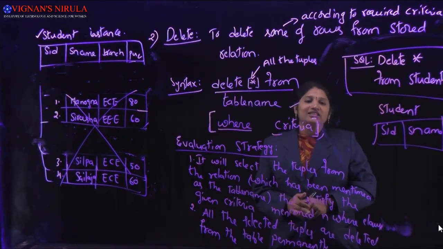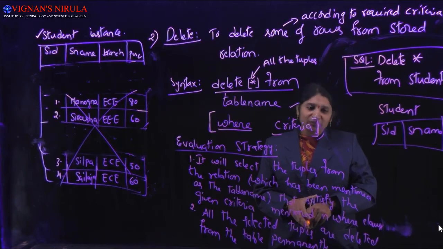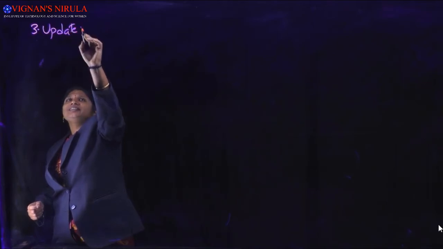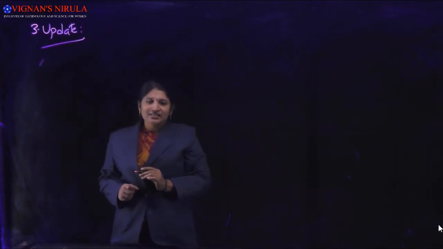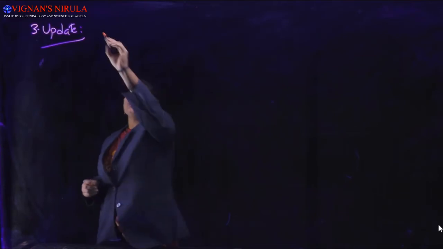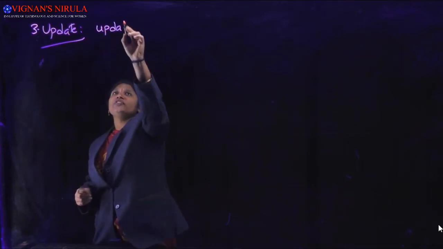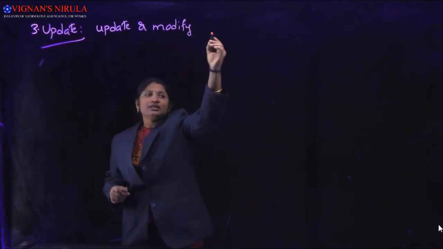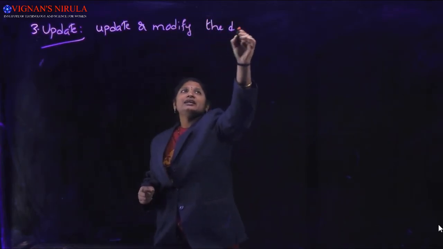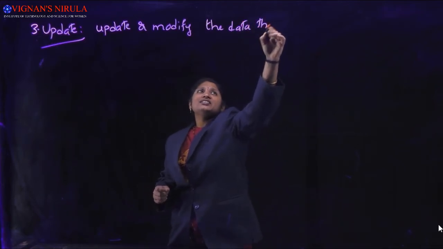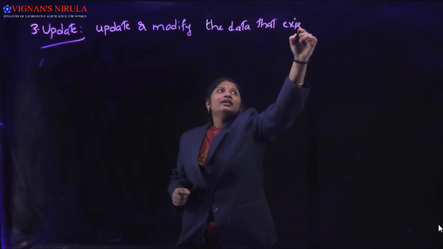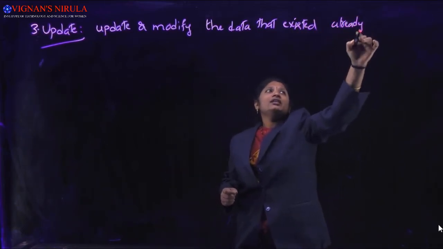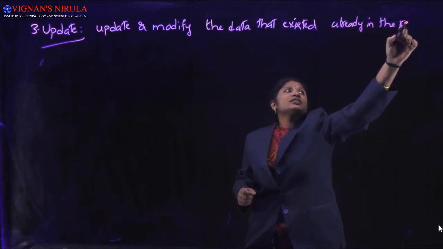Now we'll see the third type of DML command, that is the update command. As its name indicates, the update command can be used to update or modify the information or data that already exists in your table, in the relation.